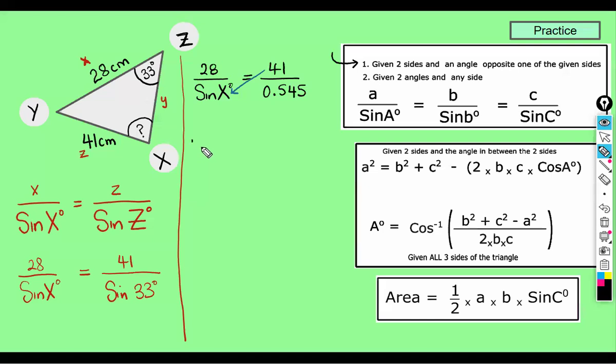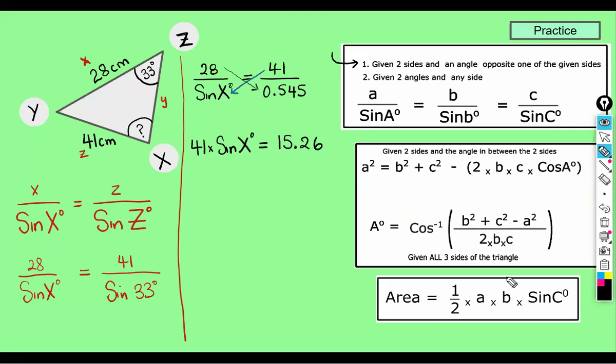41 by sine X is 41 multiplied by sine capital X. And 28 multiplied by 0.545 is 15.26.